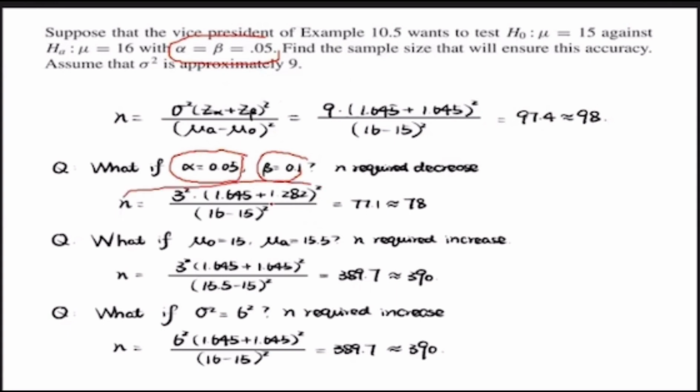If you compute that, the sample size is going to go down, from 98 to 78. When you retain the type 1 error rate but increase the type 2 error rate, the sample size required will be smaller.